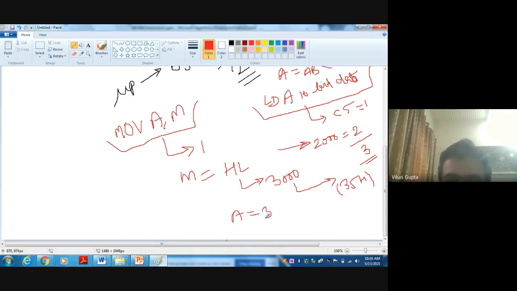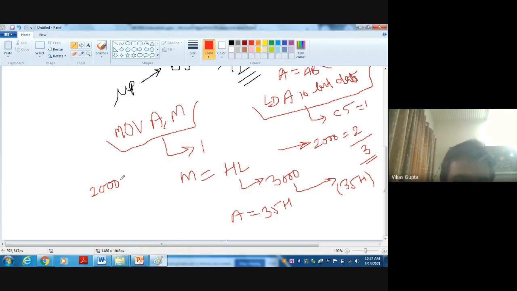Now you might have understood that in the case of MOV A, M, the data is in a memory location, and that memory location is in the HL pair, which is represented by M, the memory. And the normal practice is to represent the memory. Let's say I write here 2000.